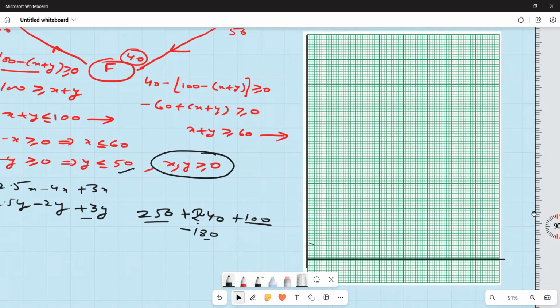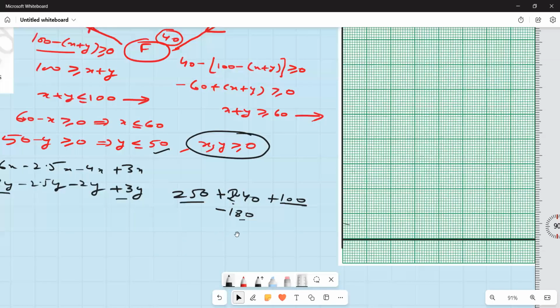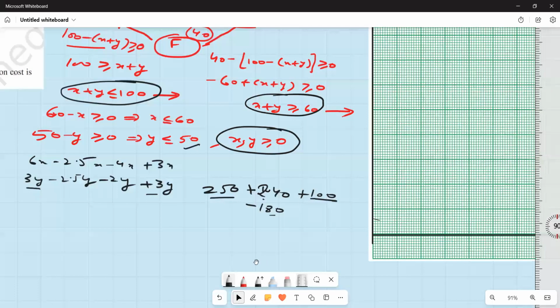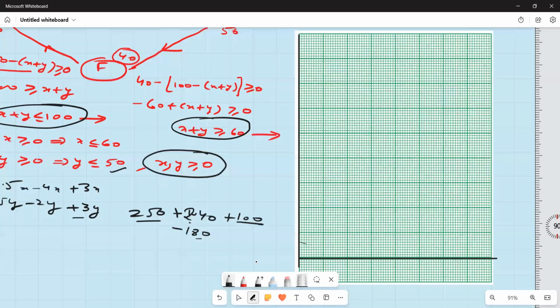And the other conditions are x plus y less than or equal to 100 and x plus y greater than or equal to 60. Okay, so let us take this as 20, 40, 60, 80, 100. This also is 20, 40, 60, 80, 100.